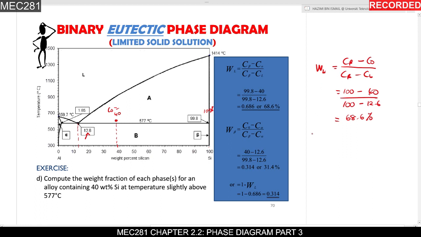And then to find the beta phase, I just 100 minus 68.6, so you will get 31.4%. Okay, so as easy as that.